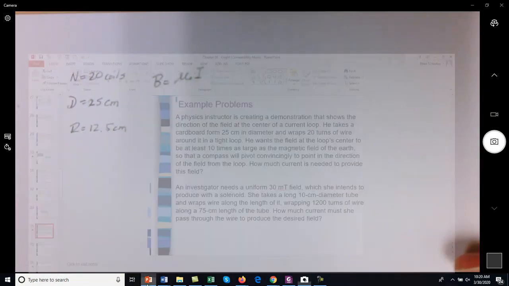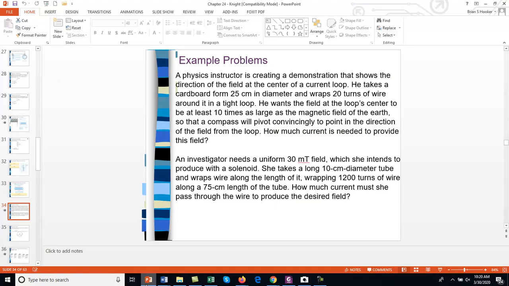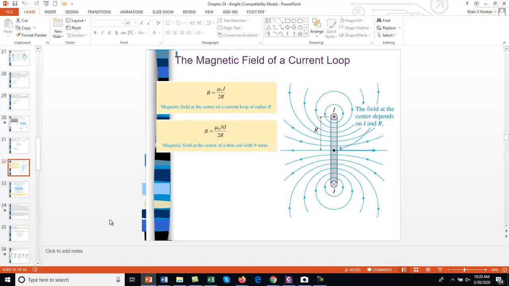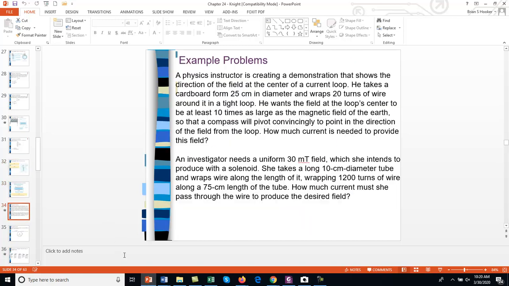We know that our magnetic field is equal to the permeability constant times N times I divided by 2R.